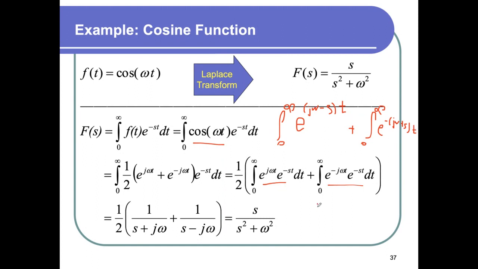This first term will be 1 over j omega minus s e to the power, the same thing, j omega minus s multiplied by t, right? This is 0 to infinity. I'm just looking at the first one, okay? Yes, yes. Okay, let me just erase this too. Okay.